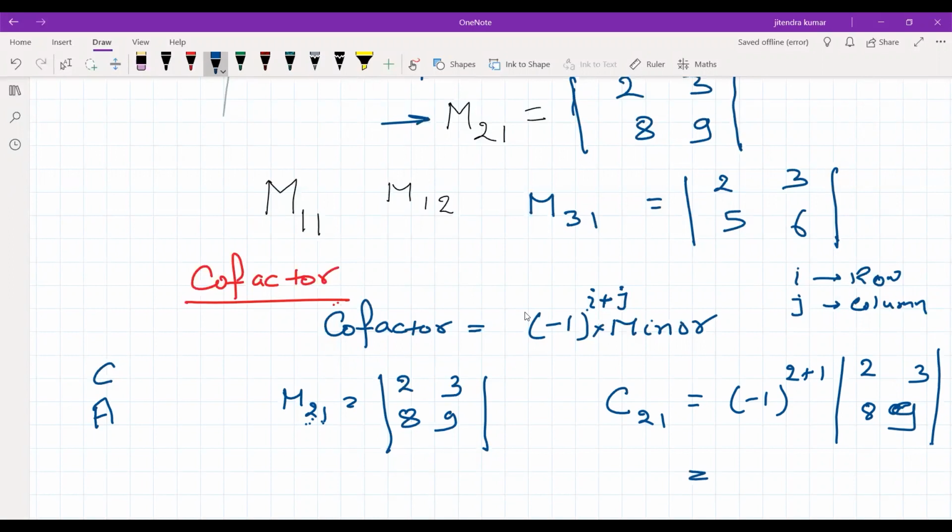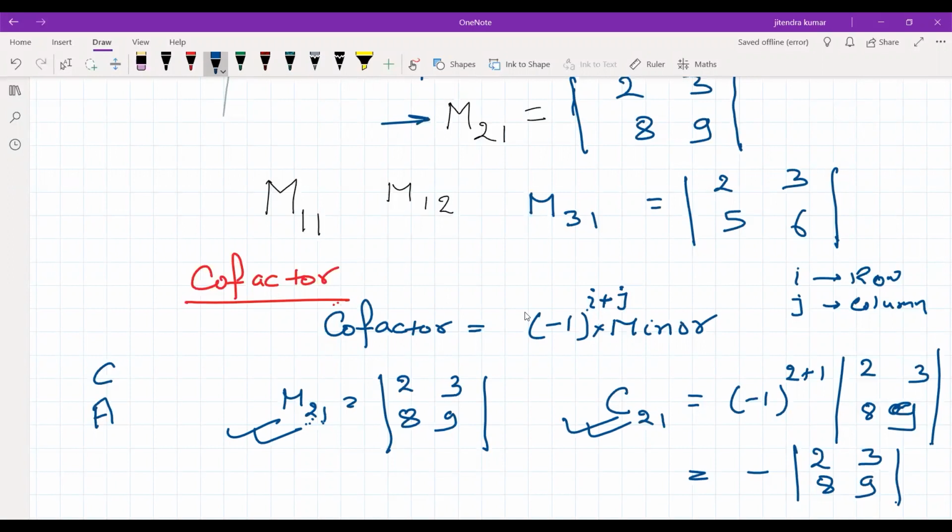Now (-1) raised to power 3 gives us a minus sign, so it will be minus of 2, 3, 8, 9. So this is our minor of 2, 1, and this is our cofactor of 2, 1.